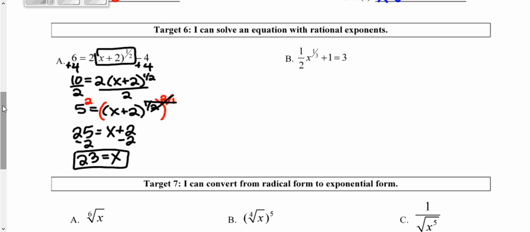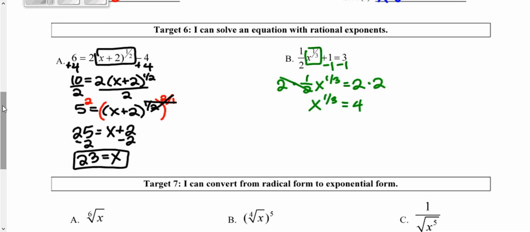Over here on B, the only thing being raised to the exponent is the x, so we have to get rid of the 1. And then to get rid of the 1/2, you can either divide by 1/2 or multiply by the reciprocal. We talked about that last unit. So that would be x to the 1/3 equals 4.